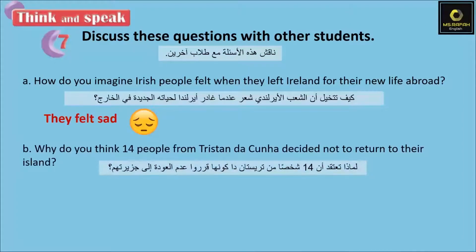Why do you think 14 people from Tristan da Cunha decided not to return to their island? ليش في 14 شخص قرروا ما يرجعوا؟ Because they adapted to life in England. لأنهم تأقلموا مع حياتهم بإنجلترا. خلص صار عندهم بيت، صار عندهم شغل، تأقلموا.